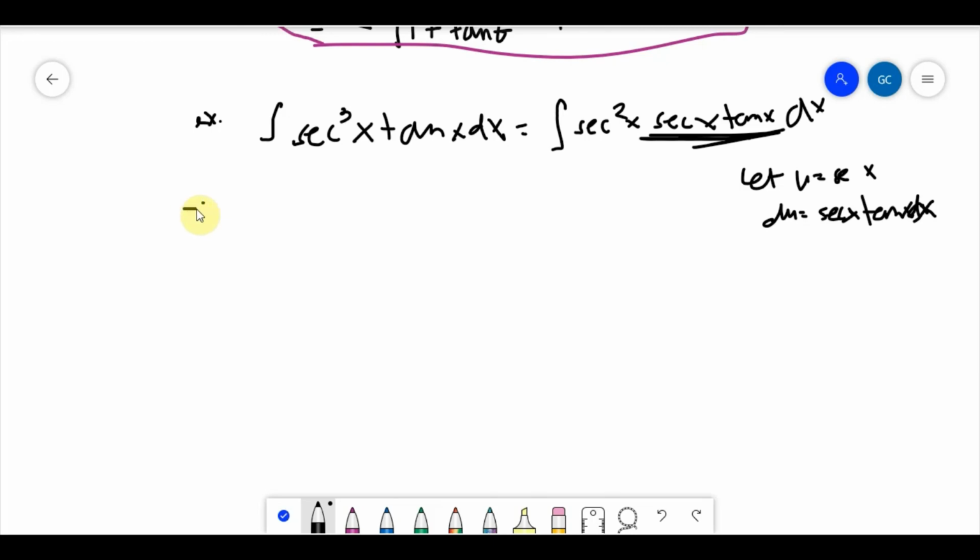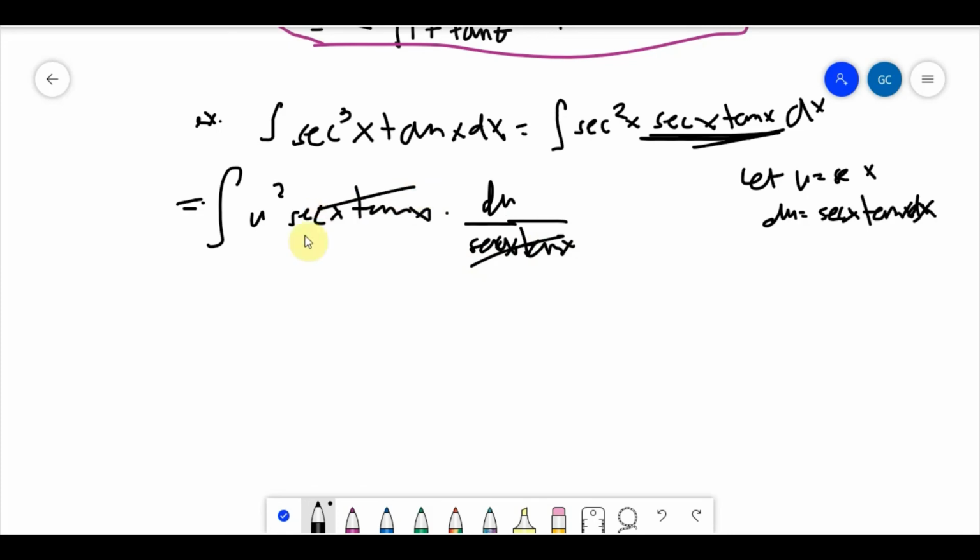So we are left with u squared times secant x tangent x times du over secant x tangent x. Cancel one out, so we are left with the integral of u squared du.